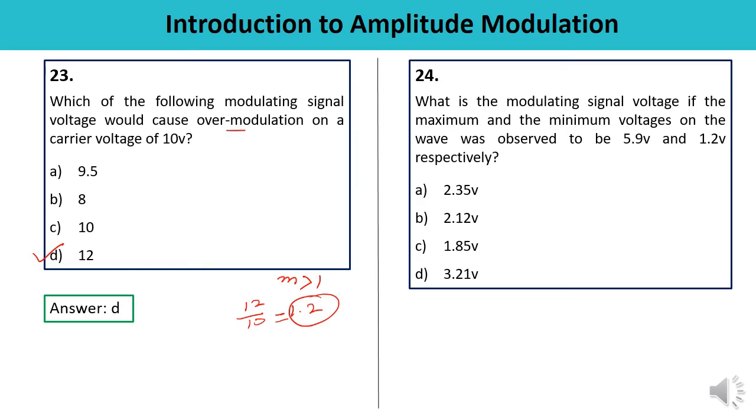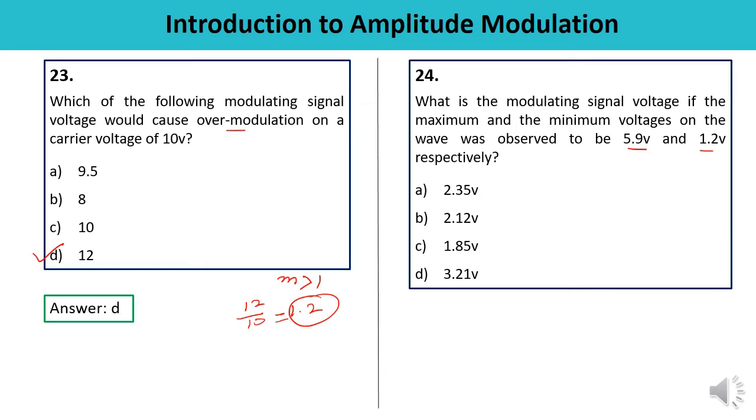Next question, question number 24. What is the modulating signal voltage if the maximum and minimum voltages on the wave have been observed to be 5.9 volt and 1.2 volt? So maximum value is 5.9, minimum is 1.2.